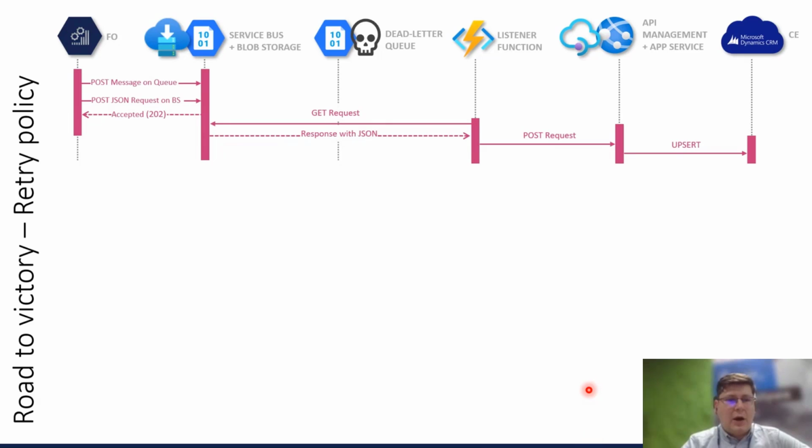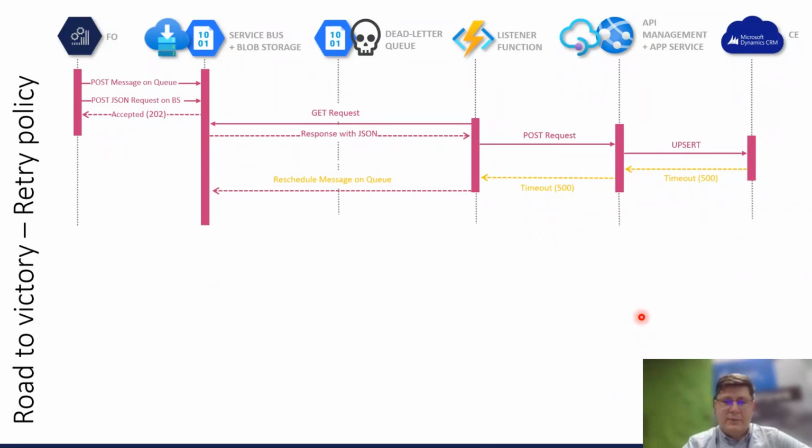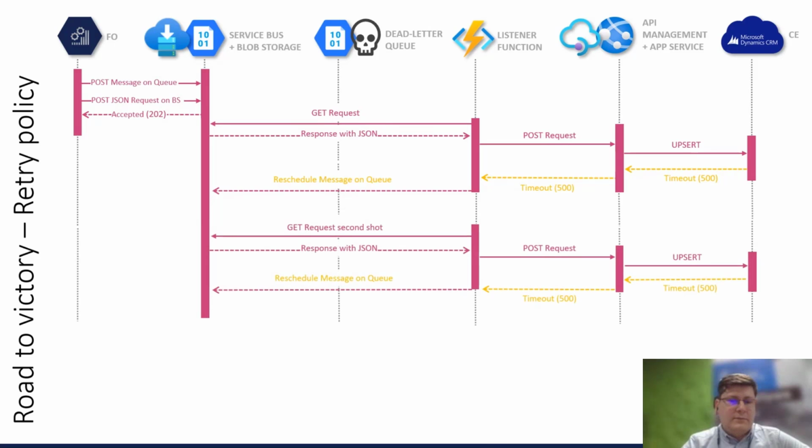Okay, so how it looks like on our flow. Again, the beginning of this is exactly the same, but we are trying to make upsert on C side, and we have a timeout, standard 2 minutes timeout on C side. When we have this error, which we configured, our app function can decide to reschedule this message on the queue, and then after 60 seconds, second shot.